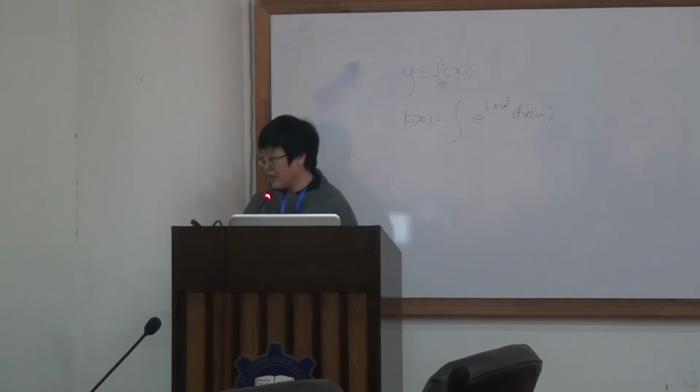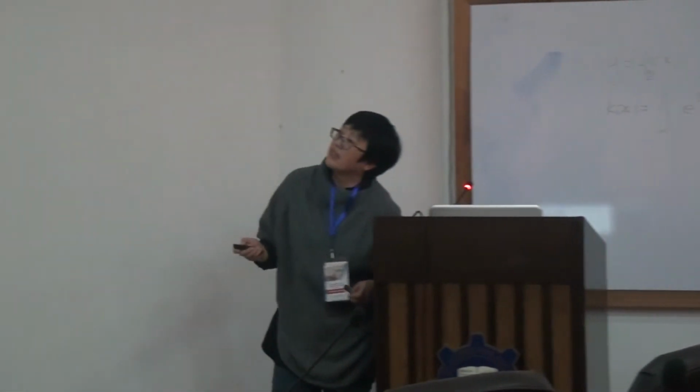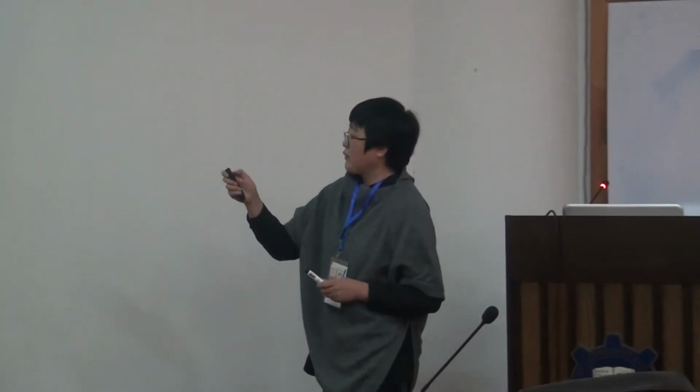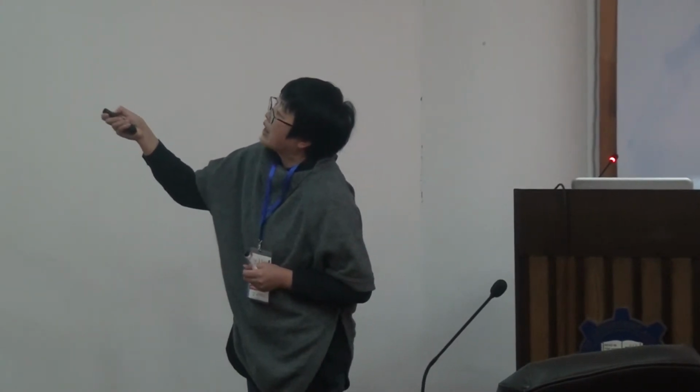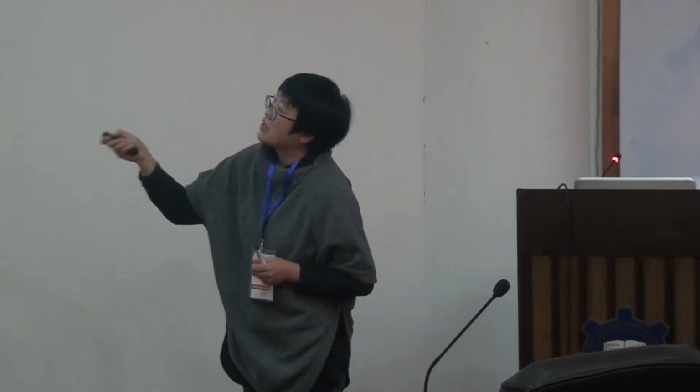Okay? If we want to treat this one as a kernel function, we can compose the kernel matrix. That means we want to make this one as this one, so the kernel is shift invariant.